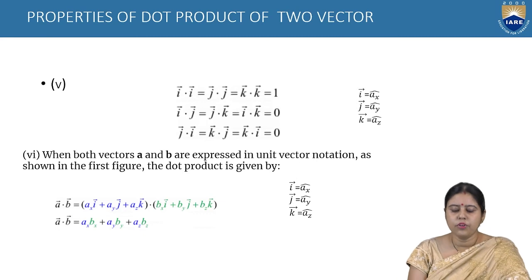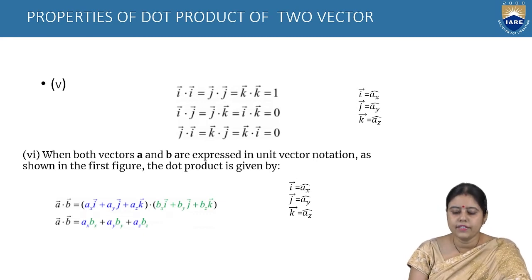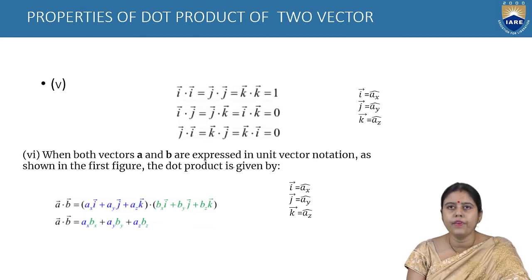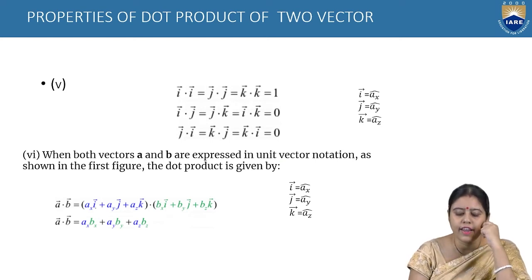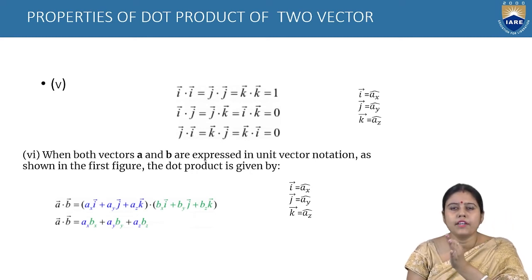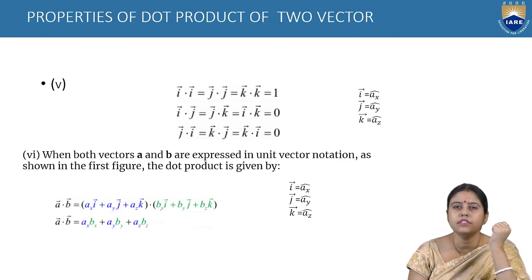So, whatever I told, if two vectors A and B are expressed in unit vector notation, we can write Ax i plus Ay j plus Az k. Another one is Bx i plus By j plus Bz k. So, X terms will be multiplied with X terms, Y terms with Y terms, and Z terms with Z terms.